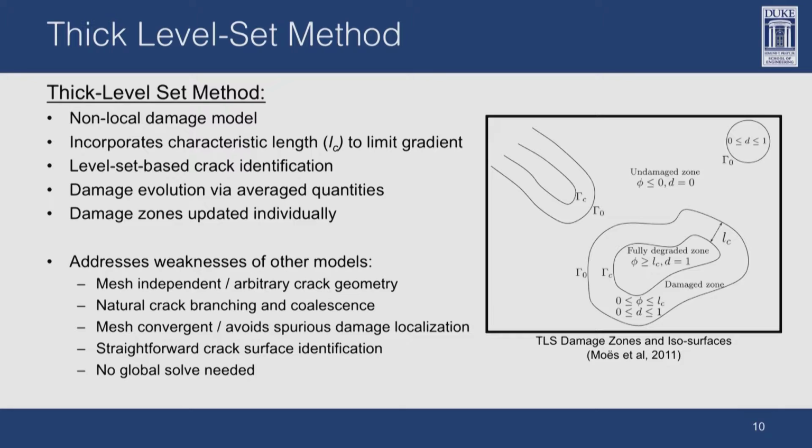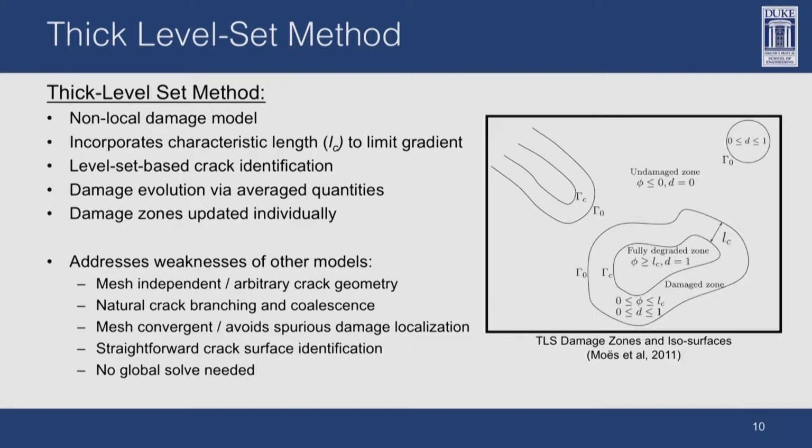And looking at this diagram here, in the bulk, it's mostly an undamaged domain, but there are several spots of damage. Here we have an area where this damage indicator function is greater than the characteristic length, so damage equals 1. And it's separated from the undamaged zone by this characteristic length LC.